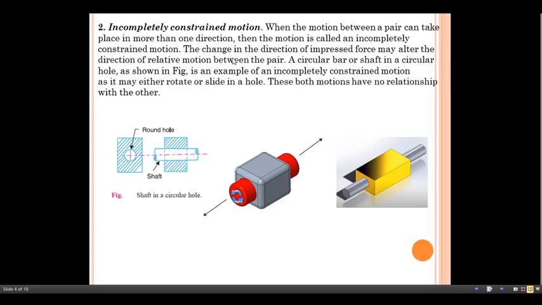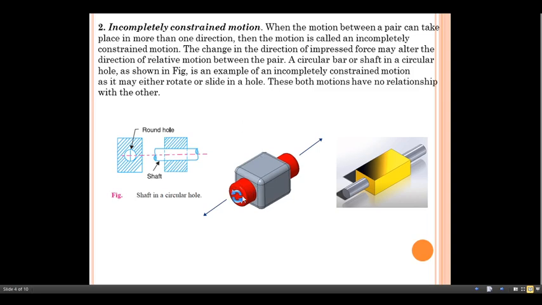Now the next one, incompletely constrained motion. When two different elements come in contact with each other, they form a pair. When the motion between a pair can take place in more than one direction, then the motion is called incompletely constrained motion.